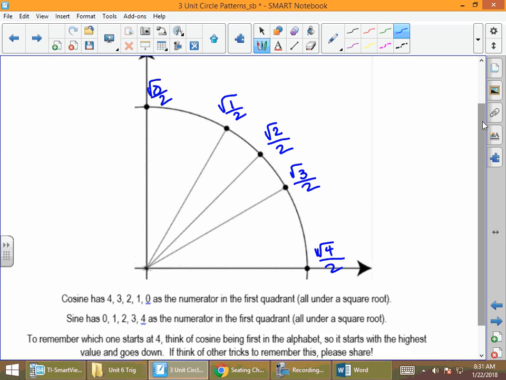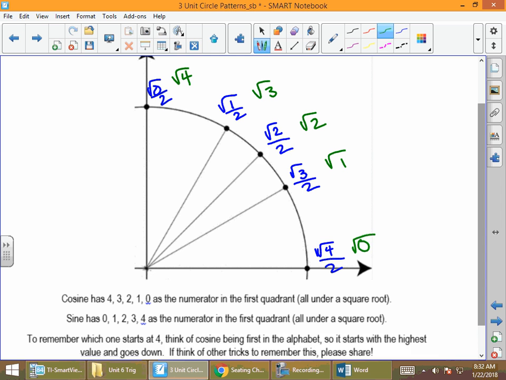Now sine, like I said, we did cosine 4, 3, 2, 1, 0. Sine goes in the other order, all underneath the square root. So we're going to start at 0, square root of 0, square root of 1, square root of 2, square root of 3, square root of 4. There's our 0, 1, 2, 3, 4.